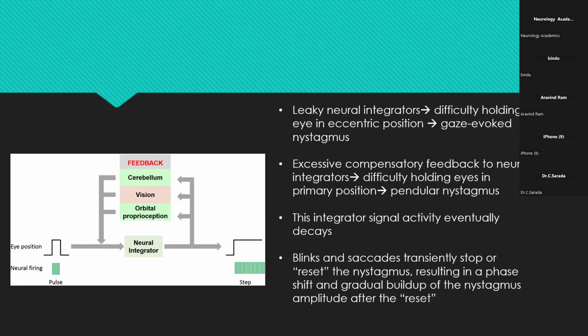Blinks and saccades can transiently reset this loop and can reset the pendular nature of the nystagmus as well. So gaze evoked nystagmus is because of leaky neural integrators and difficulty in holding the eye in eccentric position, whereas in this case, there is excessive compensatory feedback to neural integrators, and there is difficulty holding eyes in the primary position. It will always overshoot and go to the other side.